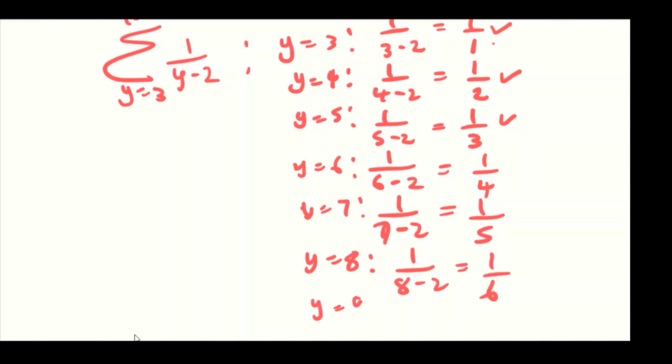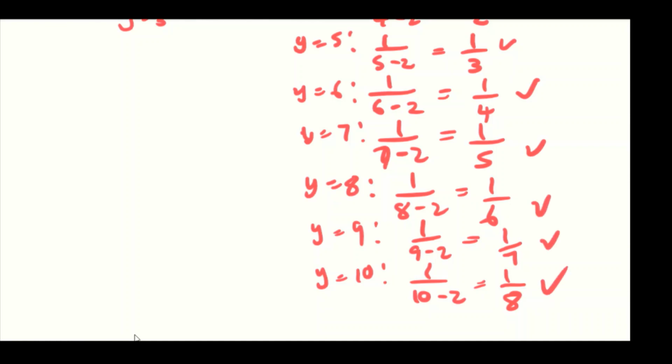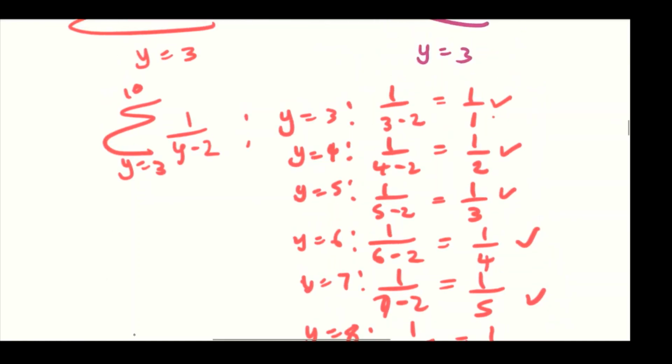Y equals 9, 1 over 9 minus 2 is equal to 1 over 7. And y equals 10, which is 1 over 10 minus 2, which is 1 over 8. So we are done writing all the terms for this first sum, right?